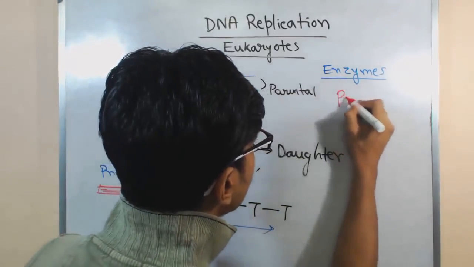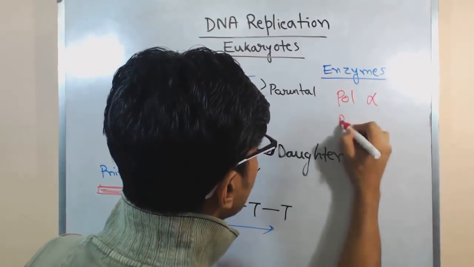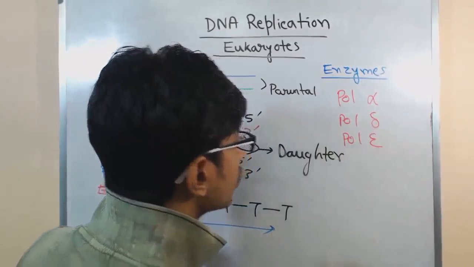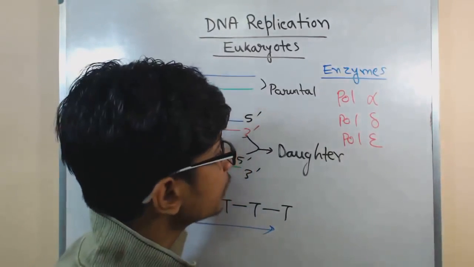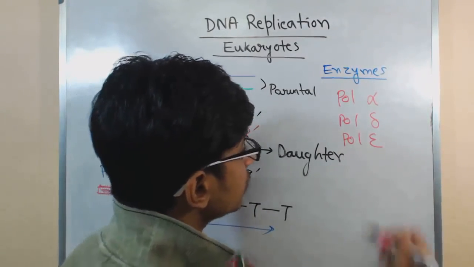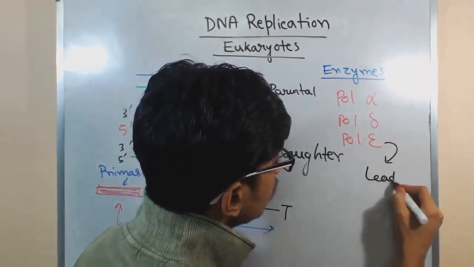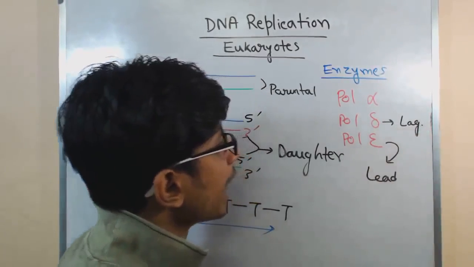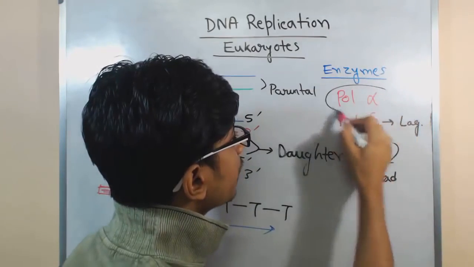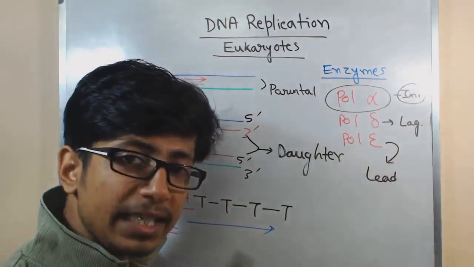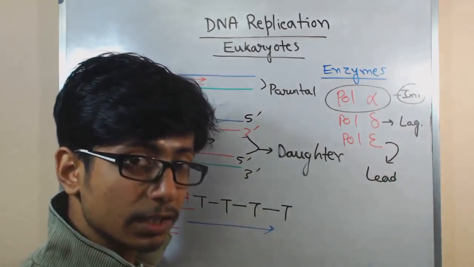While in eukaryotes, the process of replication is controlled by 3 different enzymes all together: polymerase alpha, polymerase delta, and polymerase epsilon. Usually polymerase epsilon is used for the synthesis of the leading strand, polymerase delta is for the synthesis of the lagging strand, and polymerase alpha is required for the initiation of polymerization.